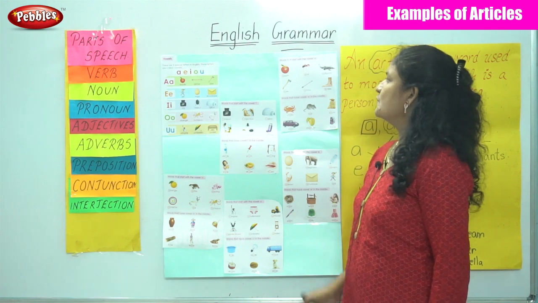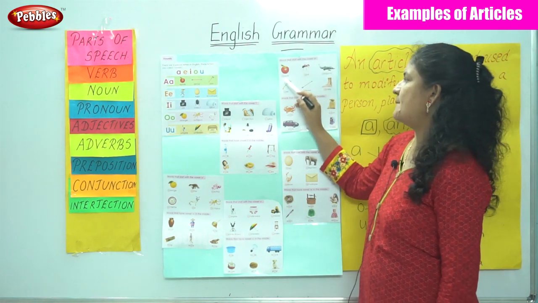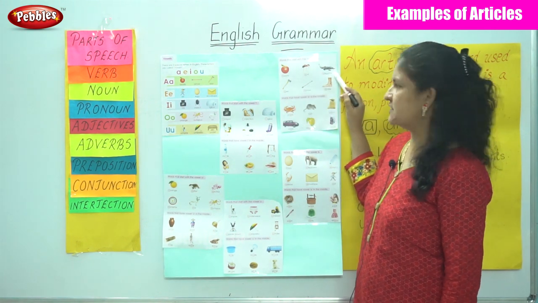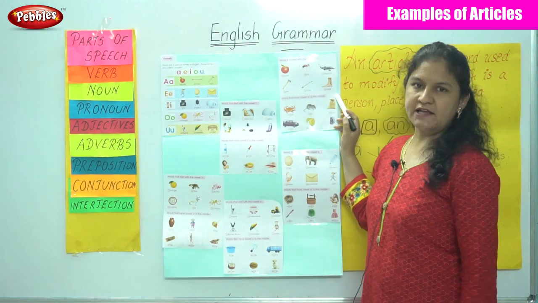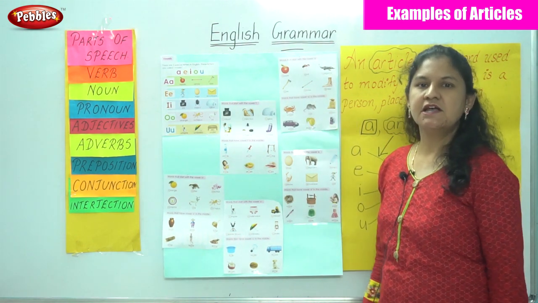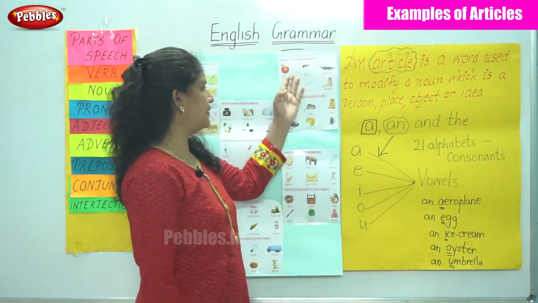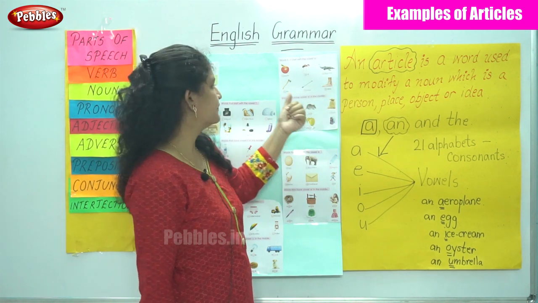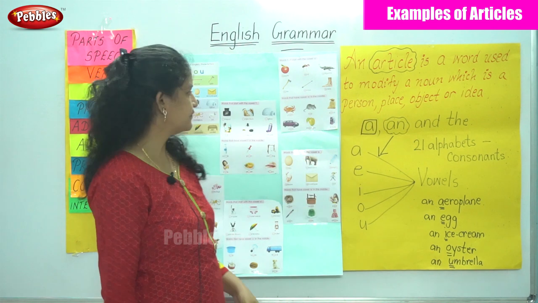So let us see words that start with the vowel A. We have apple, ant, alligator, axe, arrow, ankle.